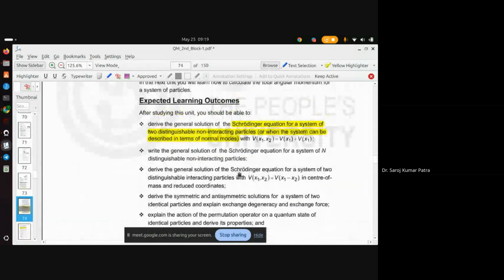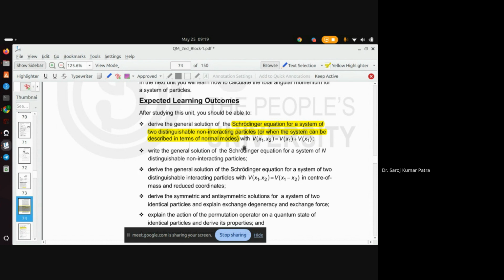Let me just highlight what we can expect from this unit: the Schrodinger equation for a system of two distinguishable, non-interacting particles, when the system can be described in terms of normal modes. What does that mean? That means we have two particles which are distinguishable.